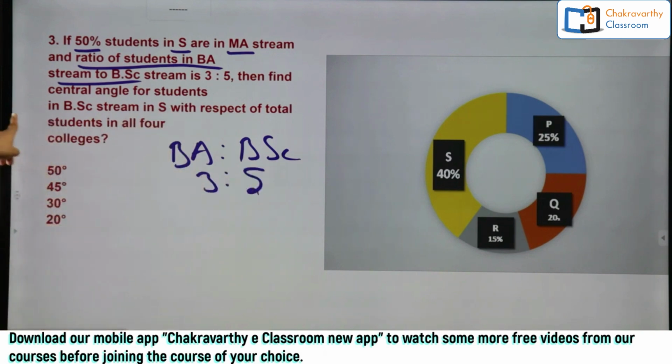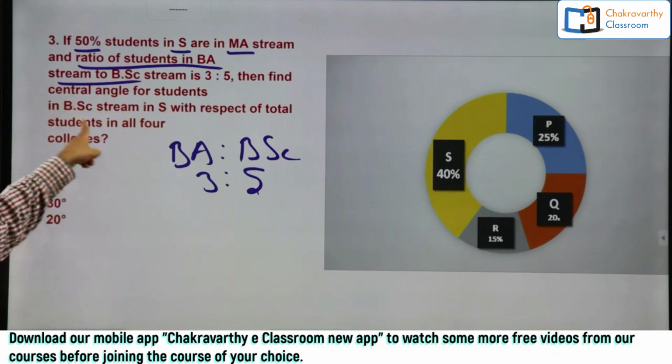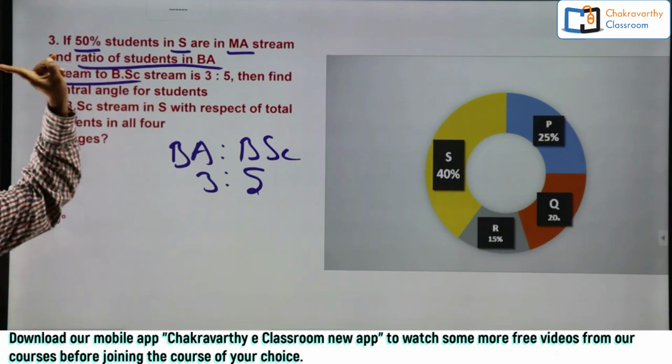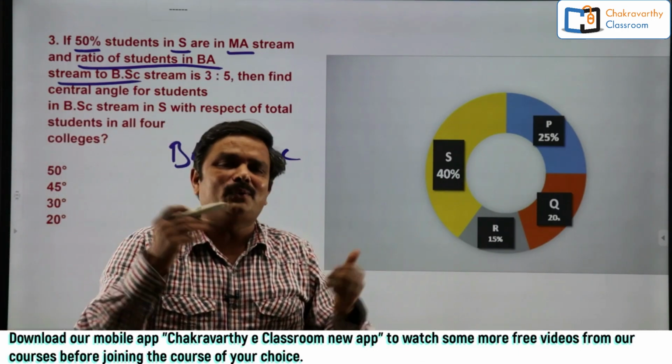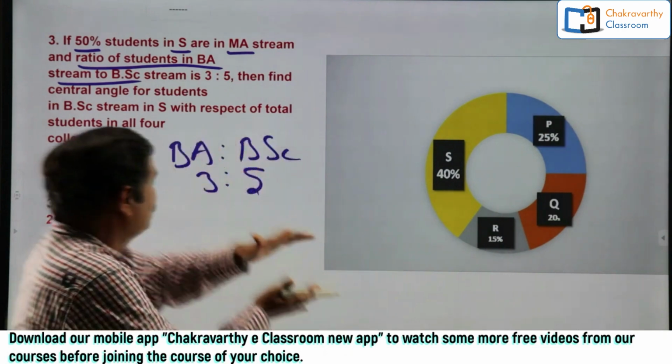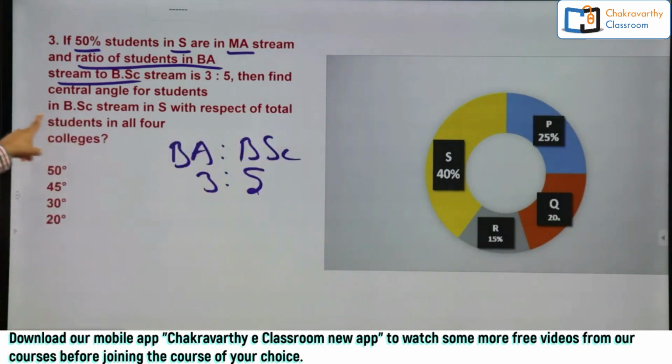If this is the case, find the central angle for the students in BSc stream in S with respect to total students in all 4 colleges. How to find out the central angle, students? First take the fraction, the comparison fraction here.